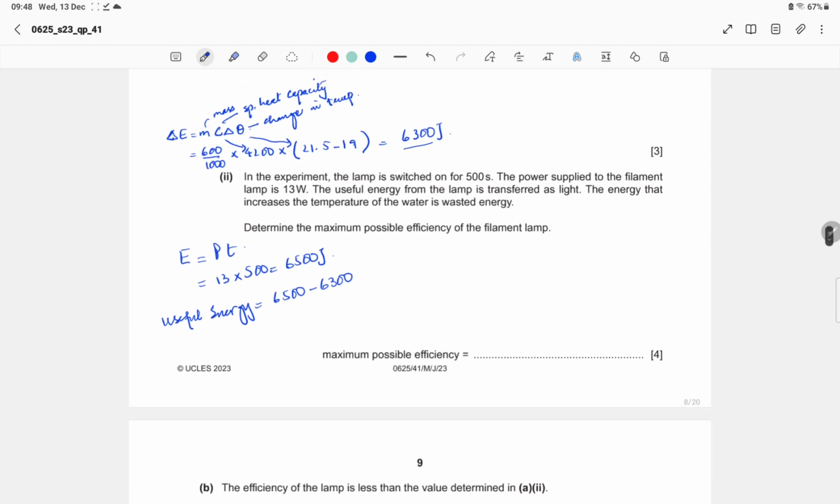This energy we got from this value, so it's going to be 200. So now we have to find out the efficiency. So it's going to be 200 divided by 6500 times 100. So this is going to be 3.1%. So this is the required answer for this question.